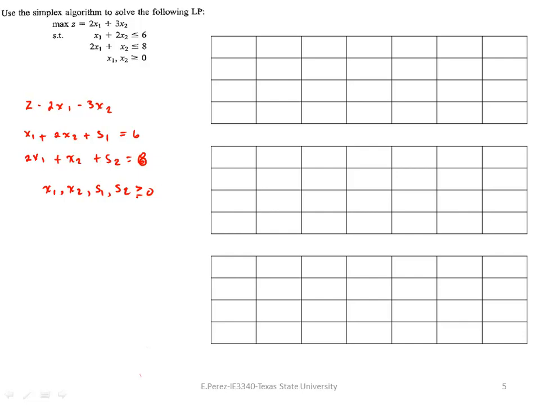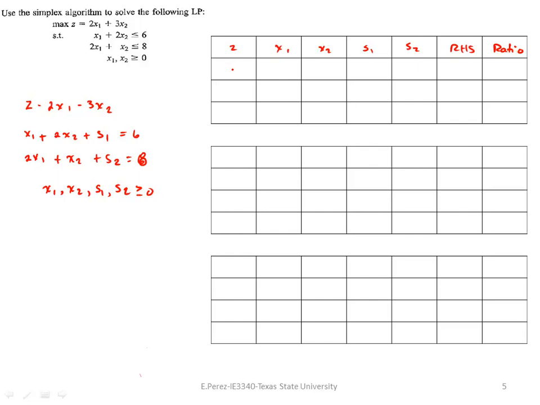Okay, so let's start with this problem. You have z, x1, x2, s1, s2, right hand side, and ratio.